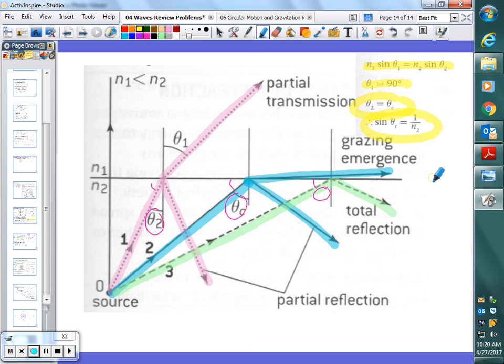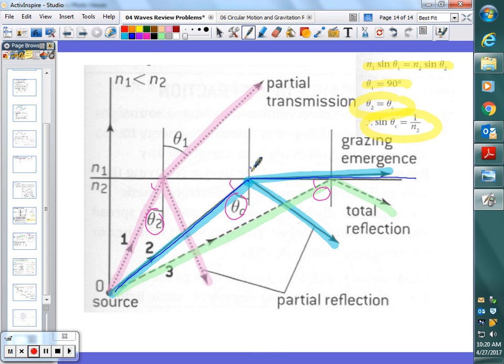When we get the critical angle, this is what happens. The ray comes in to the surface, and at the critical angle, it travels along the boundary of the two surfaces.